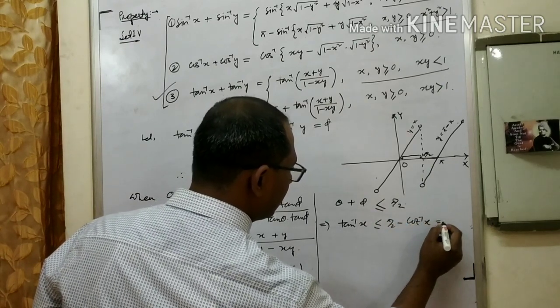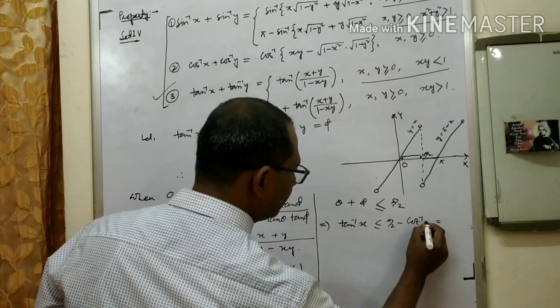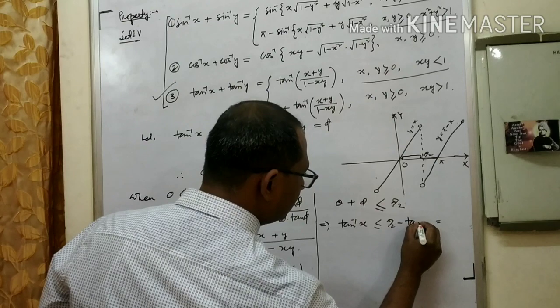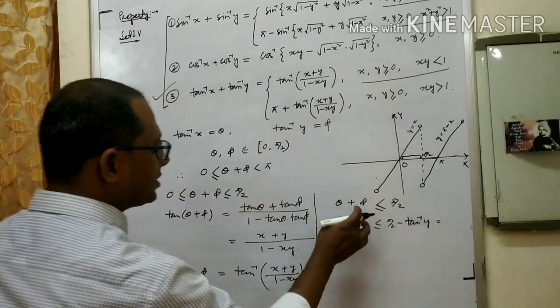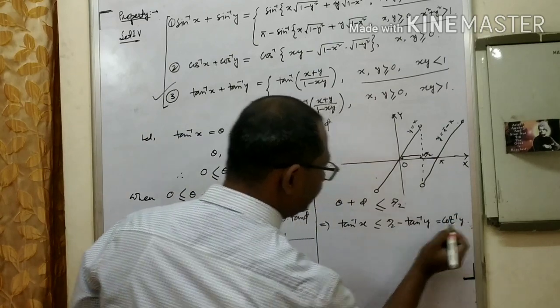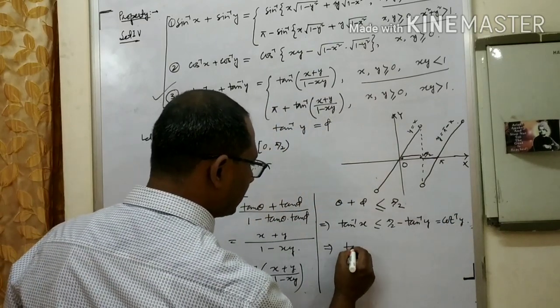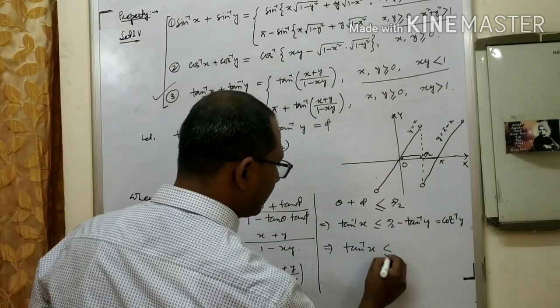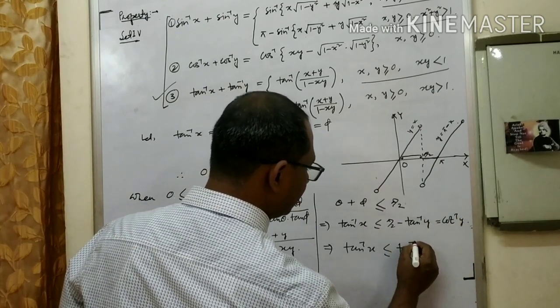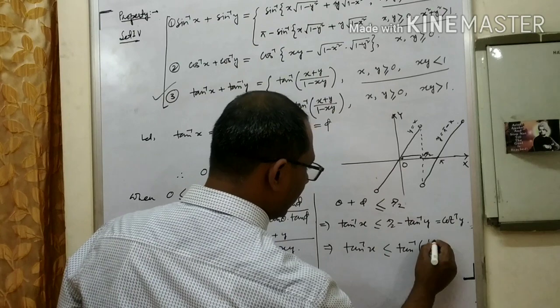Which is nothing but cot inverse of y. So tan inverse of x less than or equal to cot inverse of y can be written as tan inverse of 1 by y.